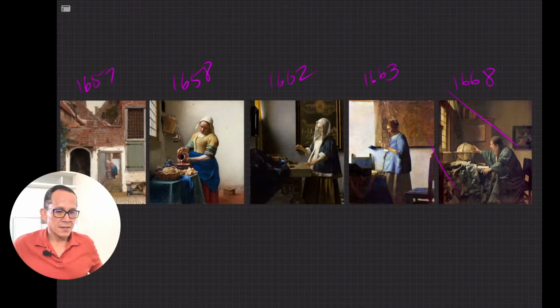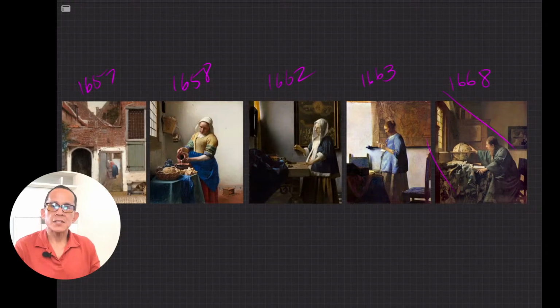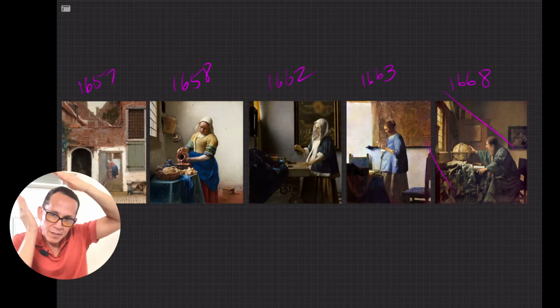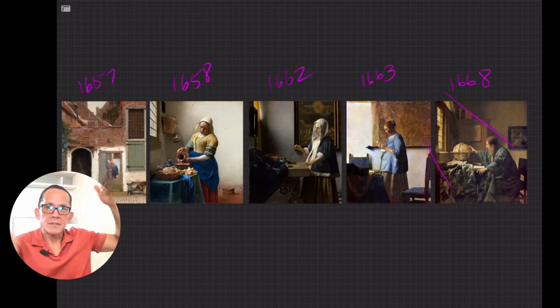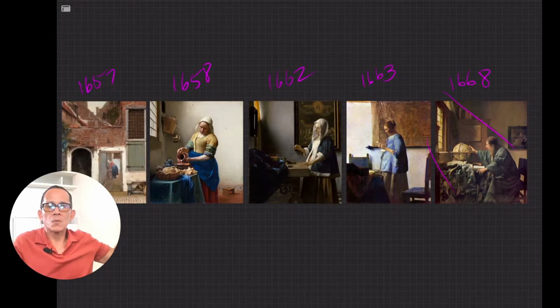And for those artists out there, I hope you have a greater appreciation for Vermeer. I hope you can take some of the things from Little Street and put them into your own work, because obviously I just showed you the angled light from above. You can make a historically great career out of it.